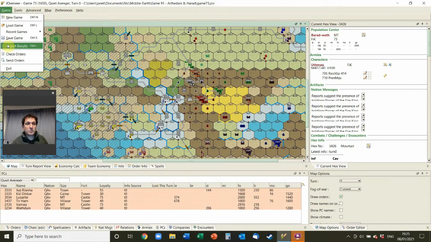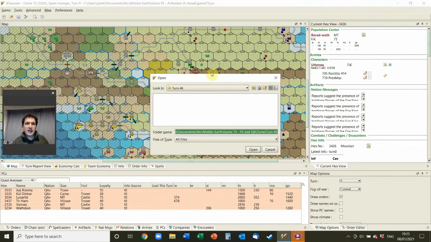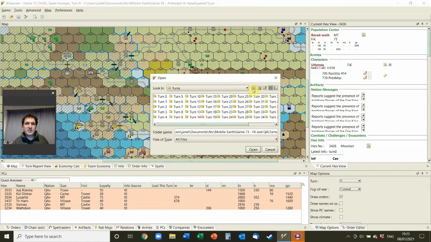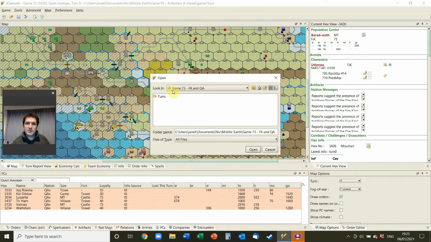So what you'll need to do is go up to Game and import results. So if you click on Import Results, you will find that whenever you get your turns through, I would strongly advise that for each game you're in, you set up a folder. I've set up a folder for Game 73, Fire King and Quiet Avenger, and within that I create a subdirectory called Turns.